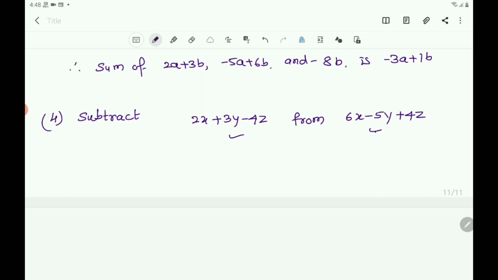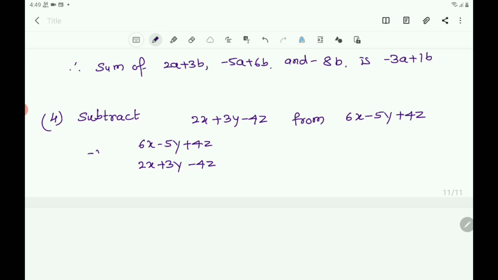So you take 6x minus 5y plus 4z, and below it you take 2x plus 3y minus 4z, with like terms one below the other.